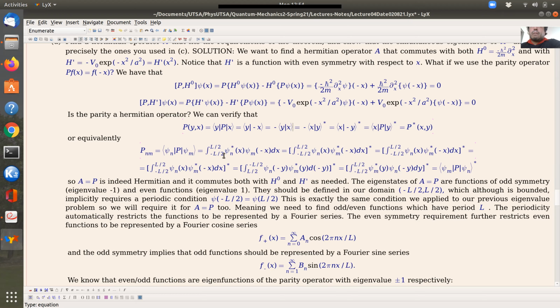So basically, I have the conjugacy over here, and then parity of this, that's why I apply minus x. Now, I will use the old trick that the conjugate of the conjugate is the same. So that's why I'm reserving the conjugacy over here. Then the other psi conjugate conjugate for m is giving me psi m, so I have the same thing. I haven't changed the minus. I will simply change a little bit the order of things.